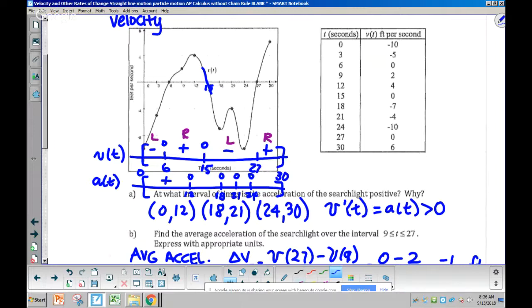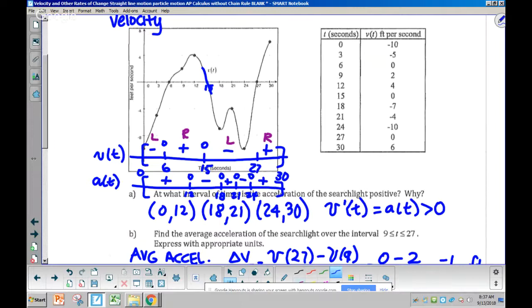What kind of slopes do I have between 12 and 18? Negative, good. Between 18 and 21? Positive. Between 21 and 24? Negative, and then positive.